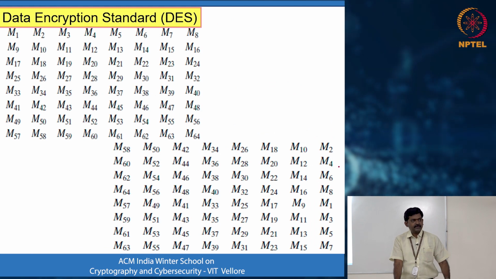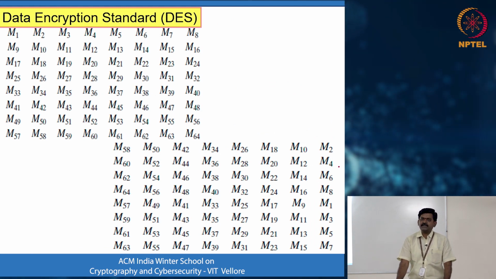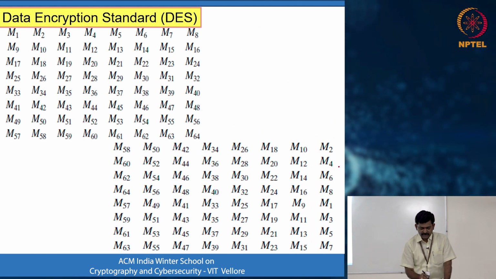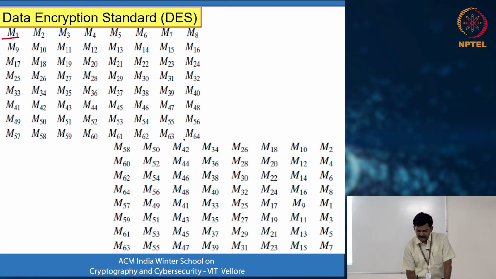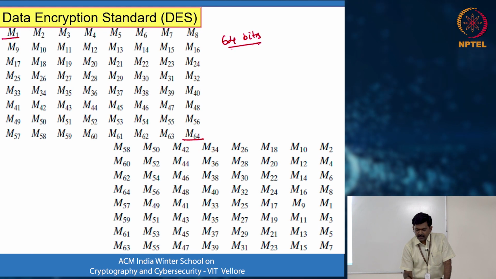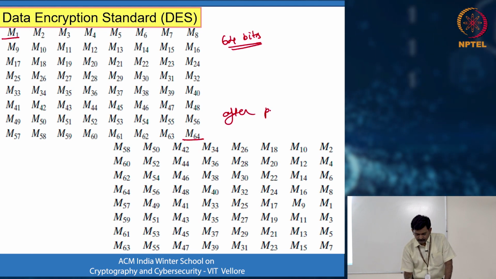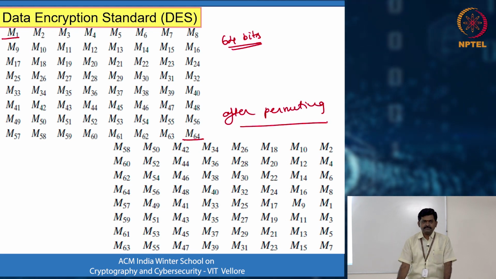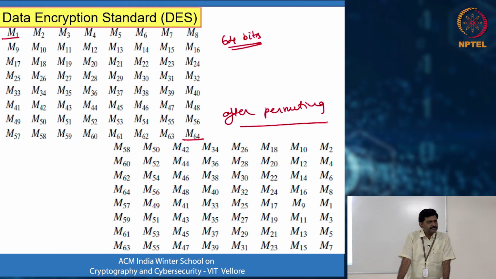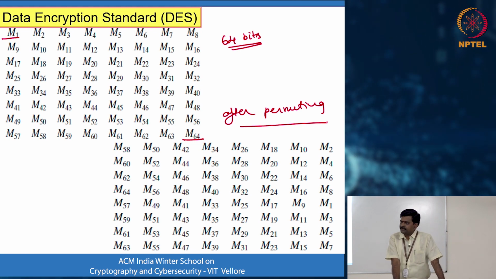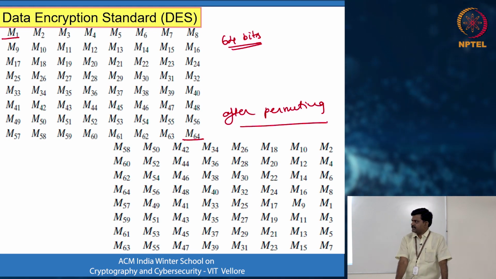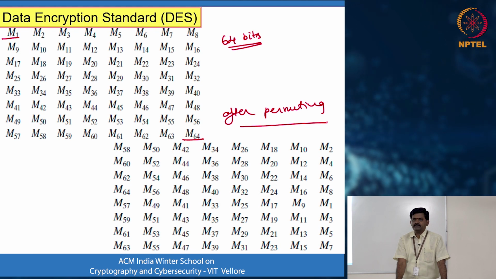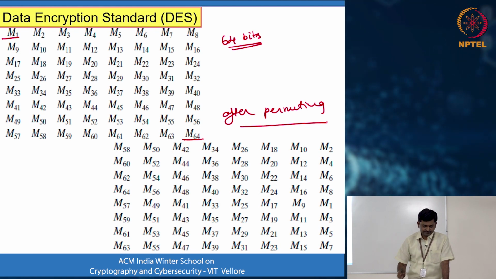Imagine my plain text block is from M1 to M64, 64 bits. After permuting, how many bits do I get? 64. So is it a straight, compressed, or expanded P box?